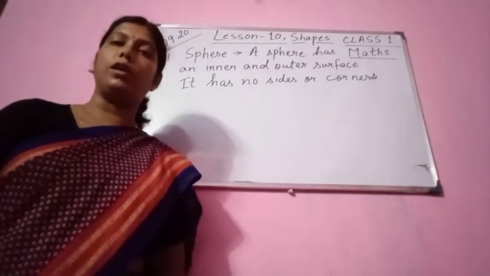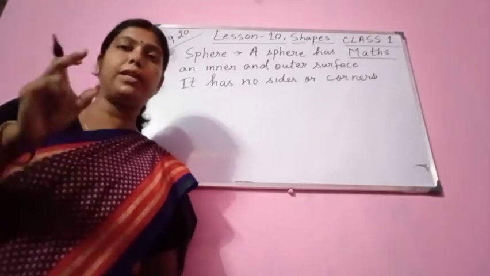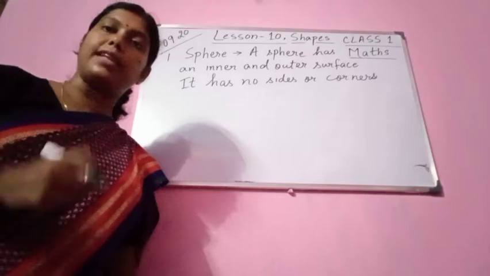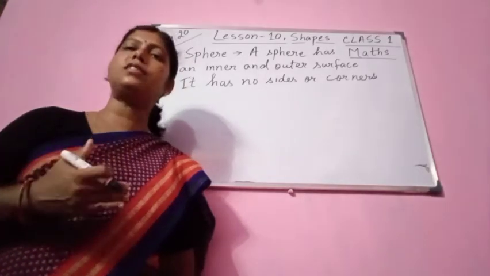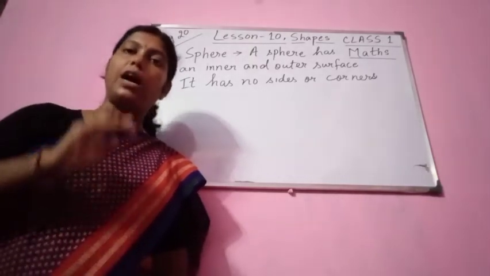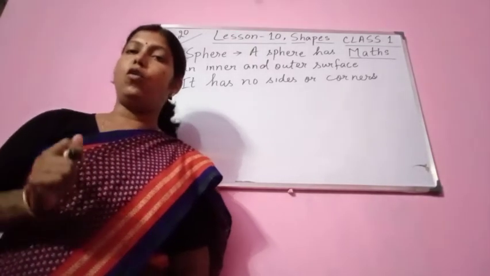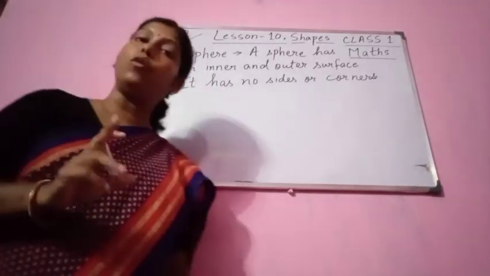Let us take a ball. Because you know a ball is also a sphere, or a marble. Marble is also a sphere. So let us take the example of these things. If you take a ball, it has an inner surface. Inside it is also there, and there is an outer surface. Outer surface is also there. Okay, so that's why it is known as a sphere has an inner and outer surface.